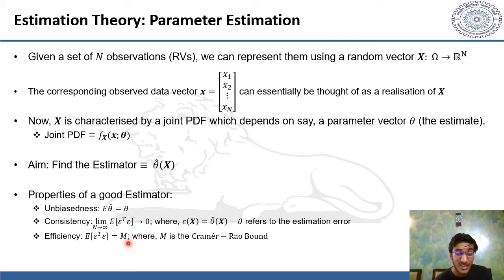We note that it is the greatest possible value of the lower bound of the mean squared error. Therefore, if any given estimator is efficient as defined in this sense, then there is by no means another estimator which can produce a lower mean squared estimation error than the one generated by this particular estimator, which satisfies this condition.